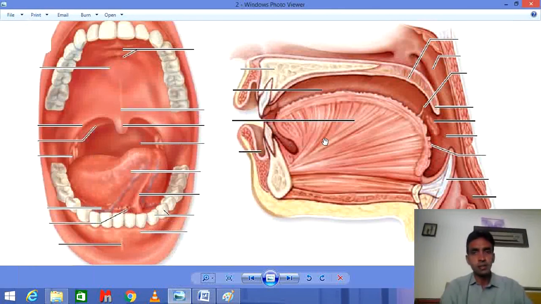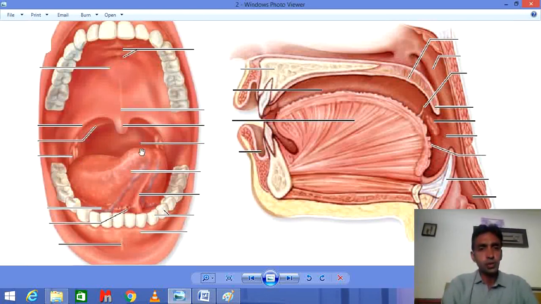Then the hard palate. You can see that the oral cavity is surrounded by a lot of structures. On the upper side there is the hard palate. On the lateral side there is the cheek, and on the lower side there is the gum and the tongue.